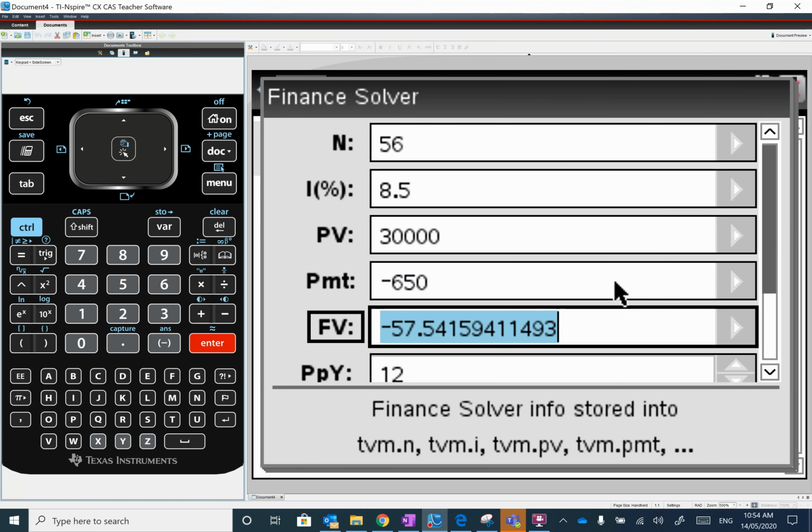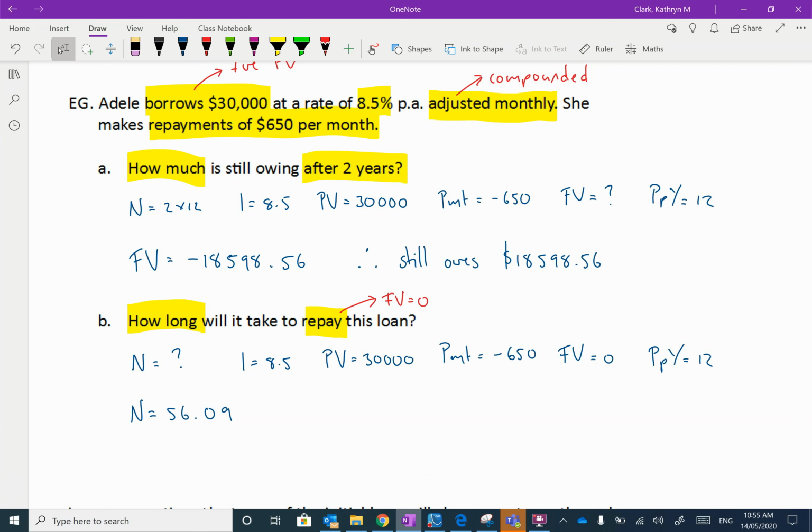So in this case, we actually need to round this up, because if you round it down to 56 payments and check how much is still owing, there is still money owing. So we need to round this up to the next. Alright, so we have to round it up to ensure we repay the whole amount.